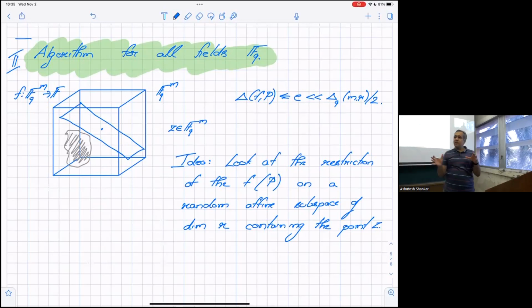So if the affine subspace is small enough, then you can just run a union bound.